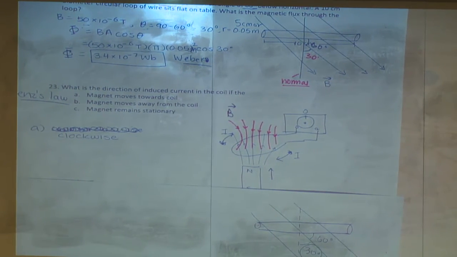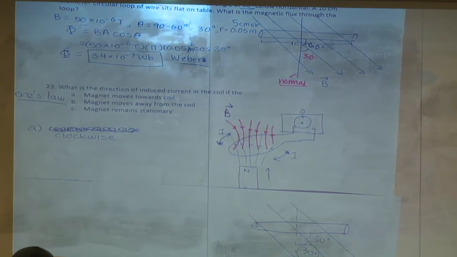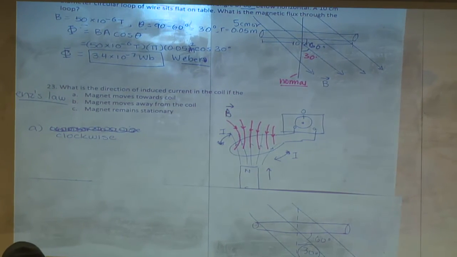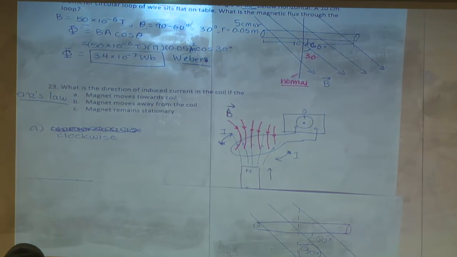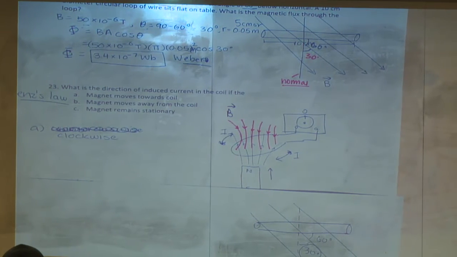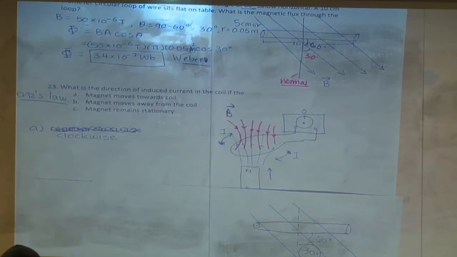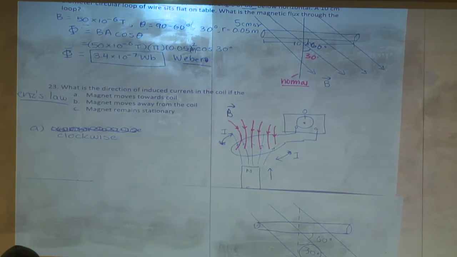Since it's a loop, I recommend you curl your fingers into the loop, right? Since it's going in the loop, your hand is just going to go down. Then the direction your thumb faces is towards the left, so it's going to go like this, right? That's why it's clockwise.